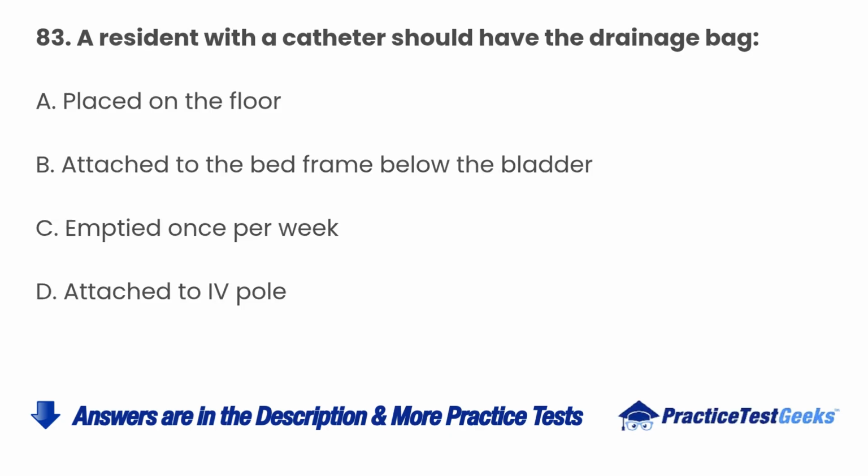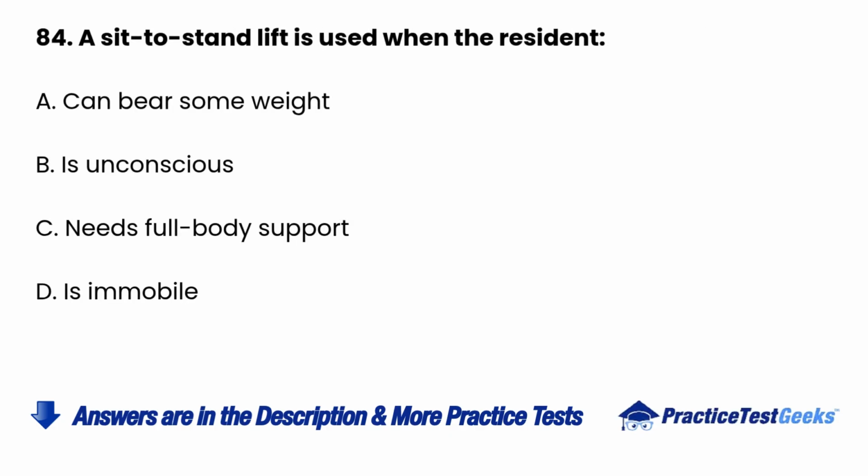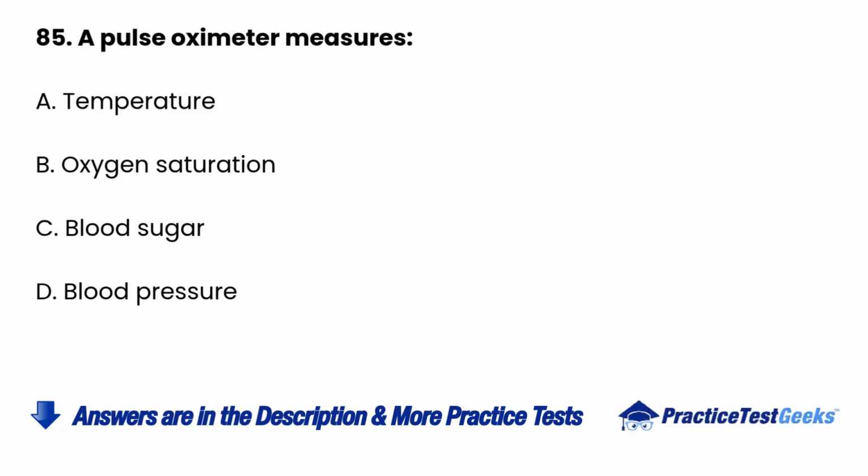Attached to the IV pole. 84. A sit-to-stand lift is used when the resident: A. Can bear some weight. B. Is unconscious. C. Needs full body support. D. Is immobile. 85. A pulse oximeter measures: A. Temperature.